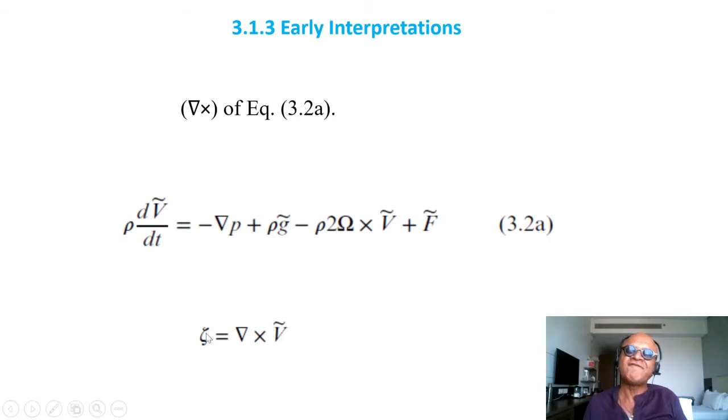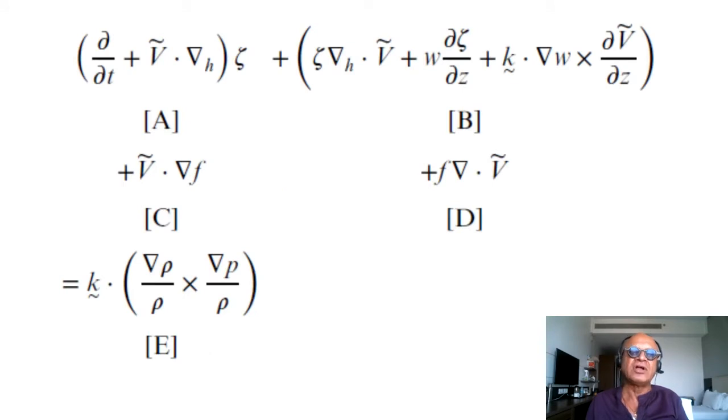This is referred to as relative vorticity because, just by being on a rotating framework, like on a merry-go-round, we are acquiring a planetary vorticity anyway, and we can have our own vorticity on top of that. So total vorticity will be zeta plus f, where f is the planetary vorticity.